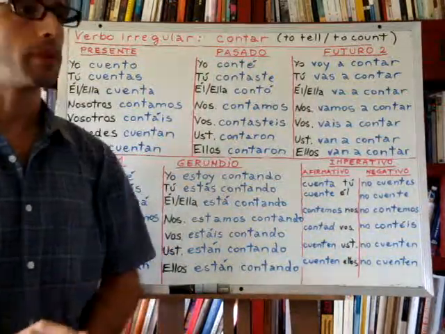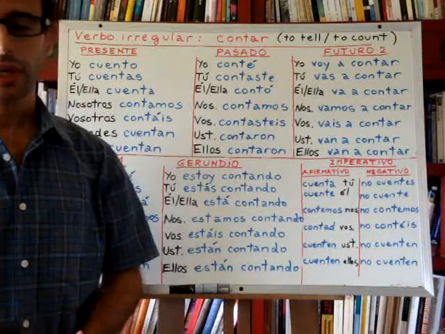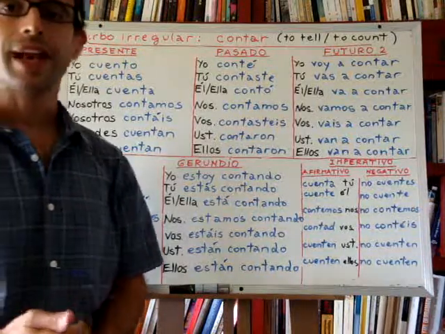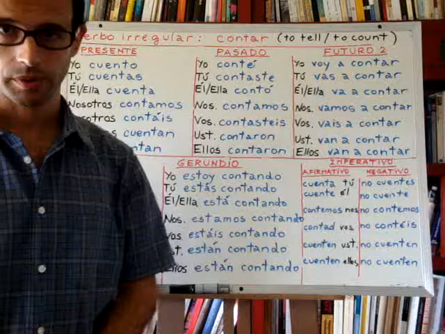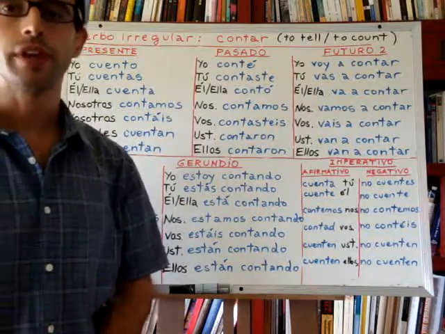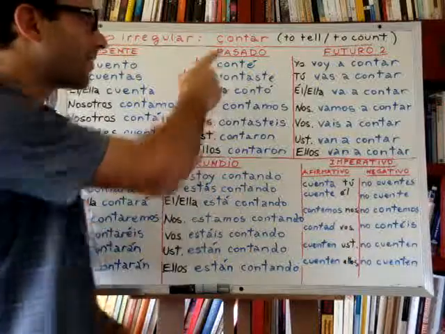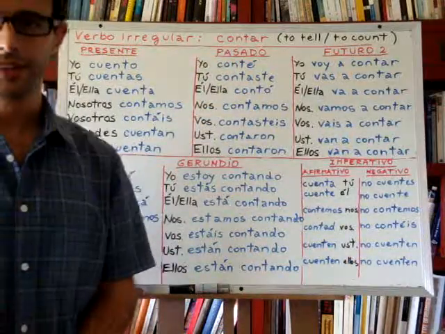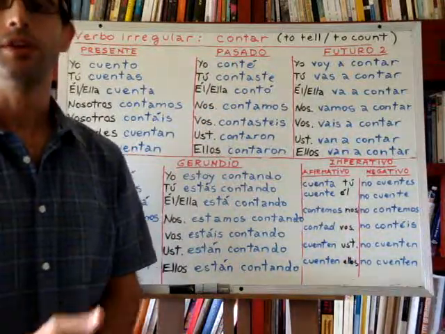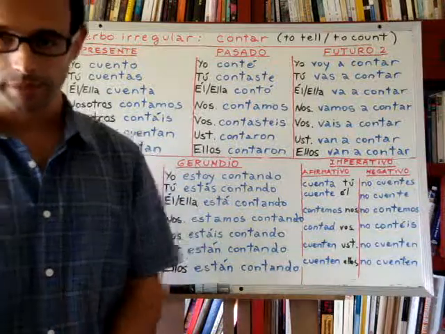So for example, if we want to say, please don't tell anything to anyone, in Spanish we will say, por favor, no cuentes nada a nadie. Por favor, please don't tell anything to anybody, okay?